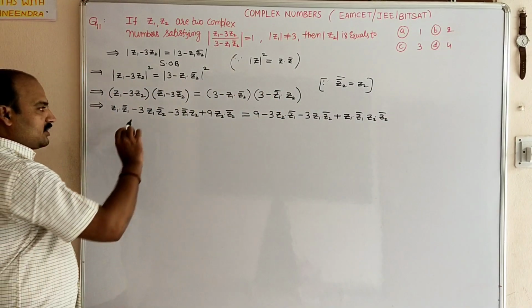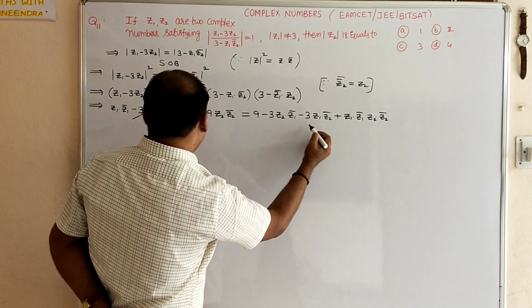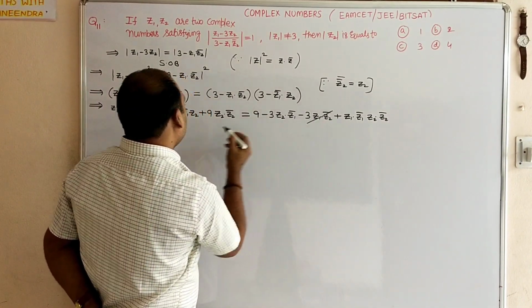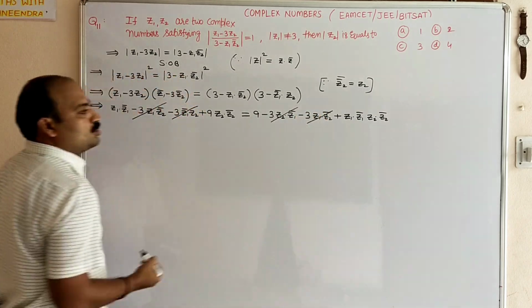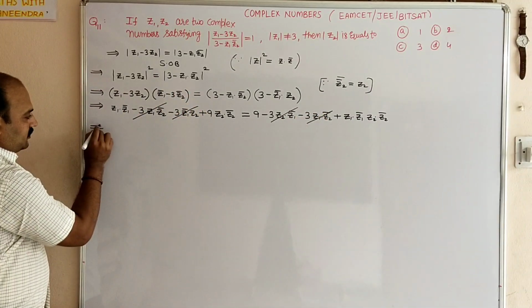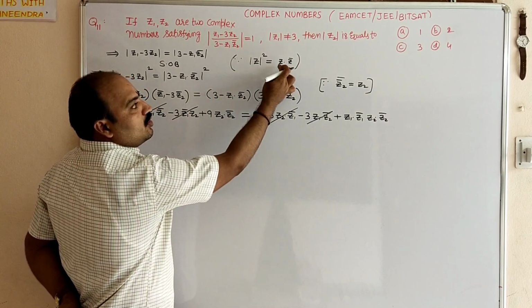So on both sides, minus 3 Z1 Z2 bar, minus 3 Z1 Z2 bar, and minus 3 Z1 bar Z2, minus 3 Z1 bar Z2 cancel. After that, magnitude of Z bar square equal to Z into Z bar.